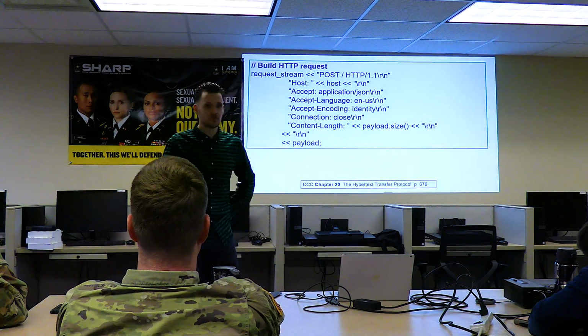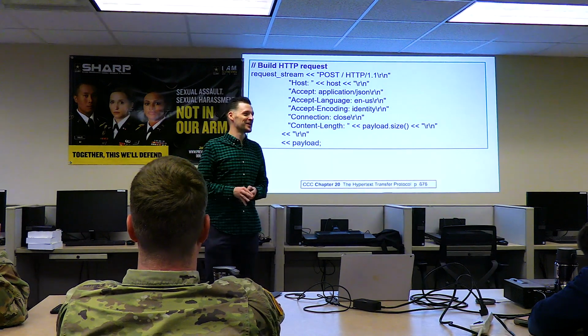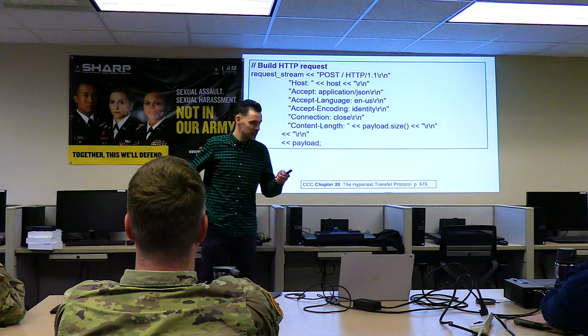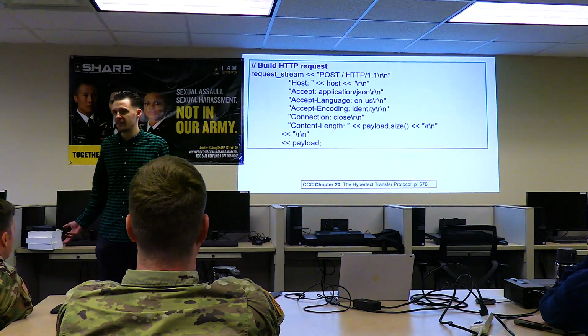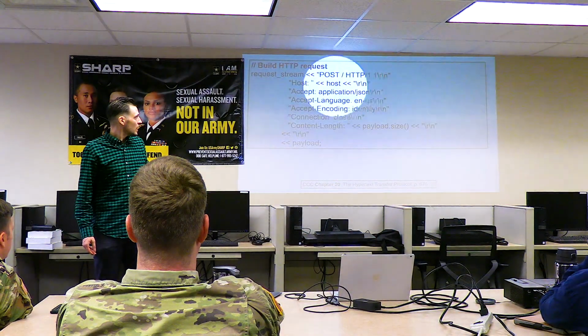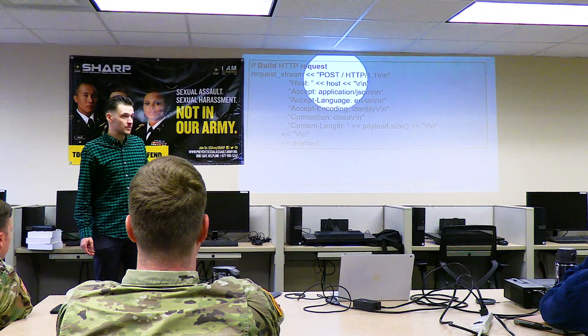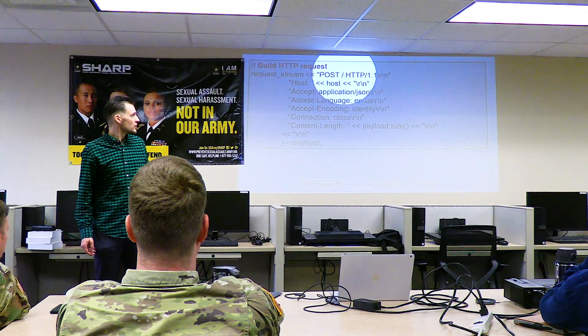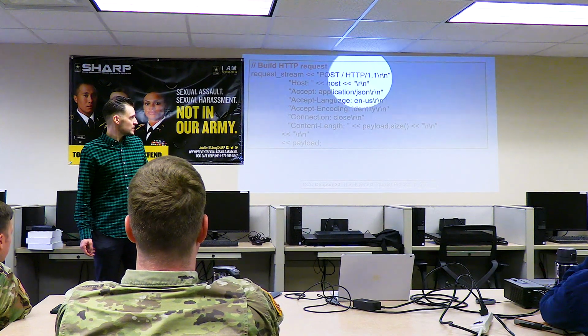So let's talk about how we build the request. This isn't a fancy HTTP library, right? We're a little in the weeds here. But if you've ever looked at raw HTTP traffic, it's really not that bad. You've got your two lines here that indicate what the HTTP verb is, the resource that you're trying to interact with, and your version of HTTP.